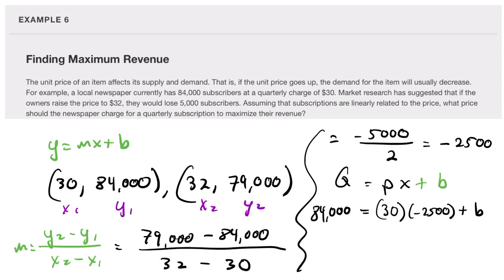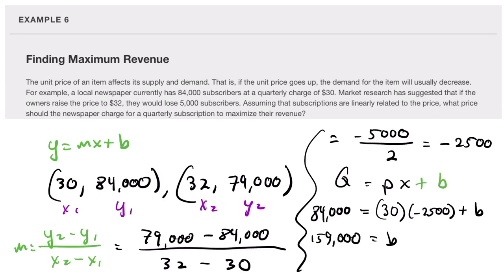So then 75,000. That looks like, okay, 75 and 84. Siri, what's 84 plus 75? 84 plus 75 is 159. So that's our y-intercept.